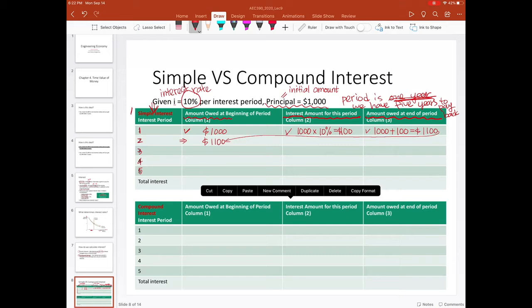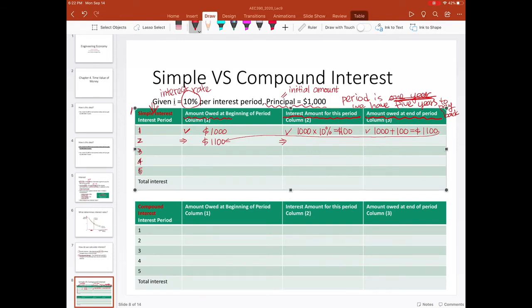But how about the interest in the second year? By definition, simple interest means every time you calculate the interest, it will be the initial amount times the interest rate. So in this cell, you still need to use the initial amount, or principal, 1,000, times the interest rate. So it's still $100.